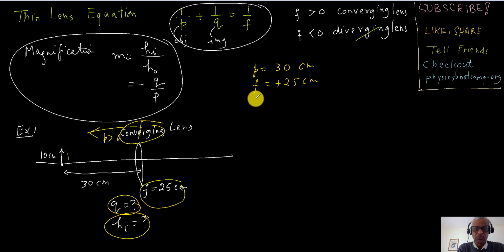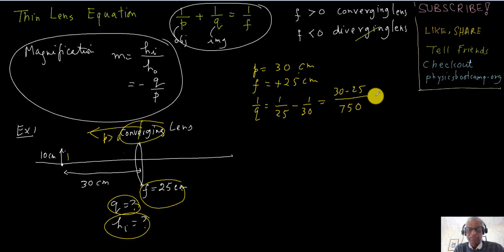From there we can use 1 over q equals 1 over 25 minus 1 over 30. Multiplying these together gives 750, so we have 30 minus 25, which is 5 over 750.